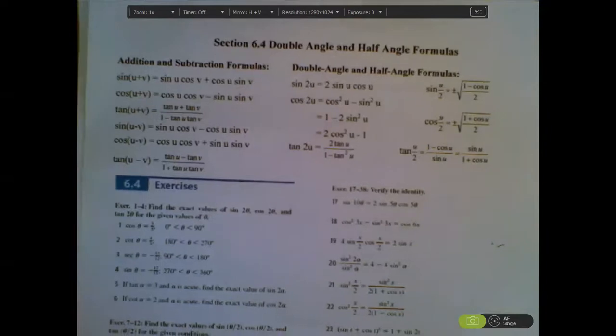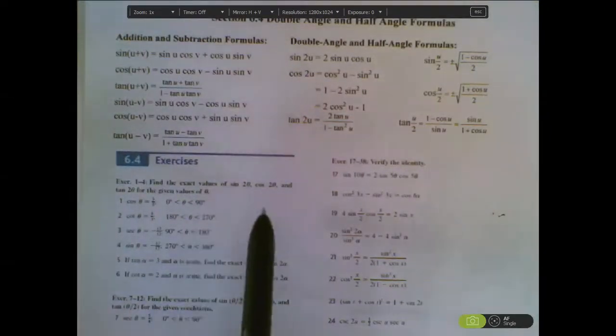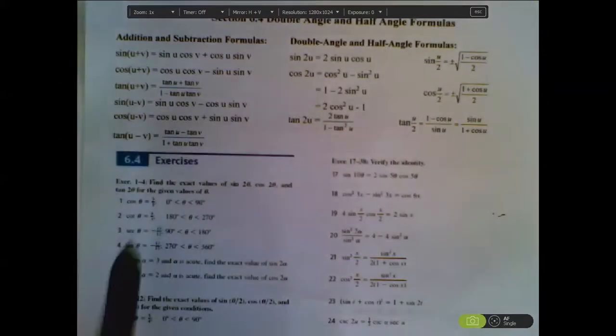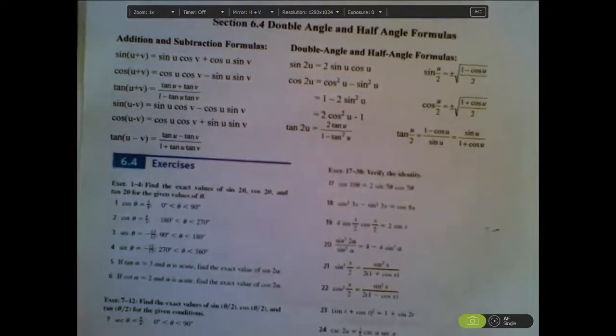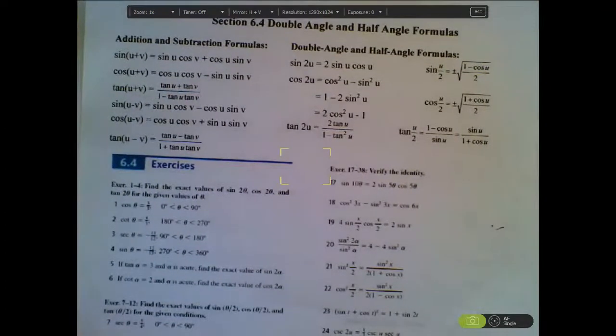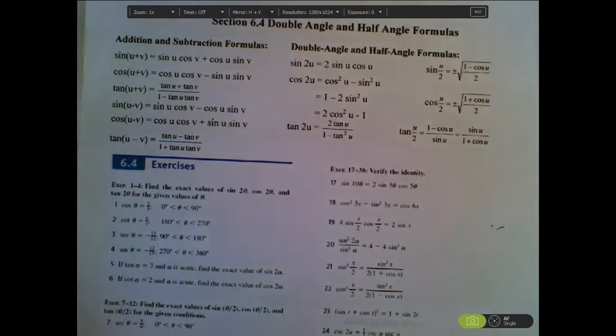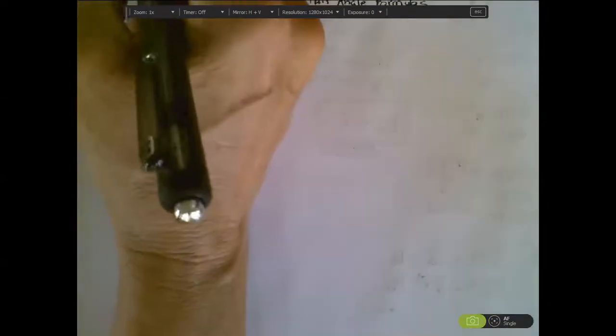So the very first problem says find the exact values of sine of 2 theta, cosine of 2 theta, and tangent of 2 theta. Let's try number 4, page 452.